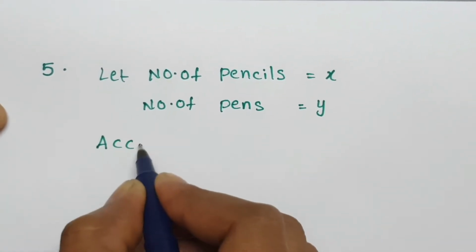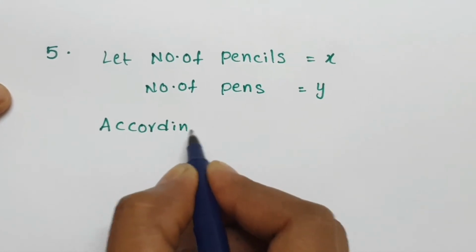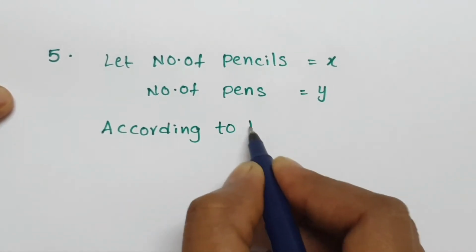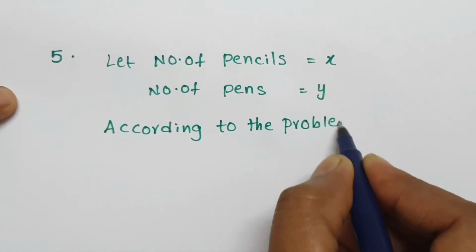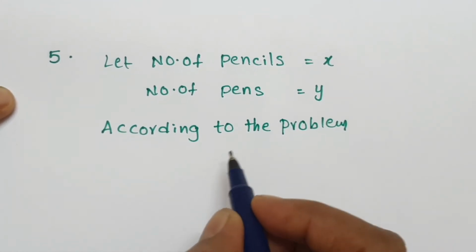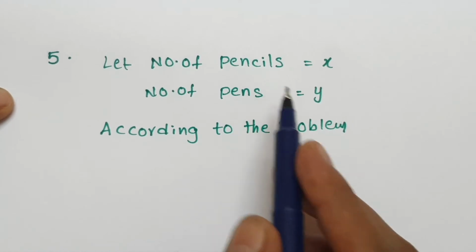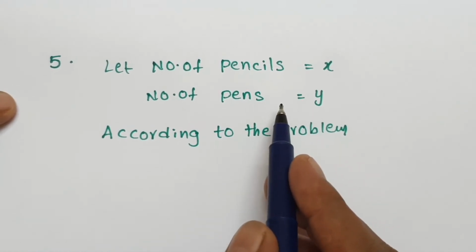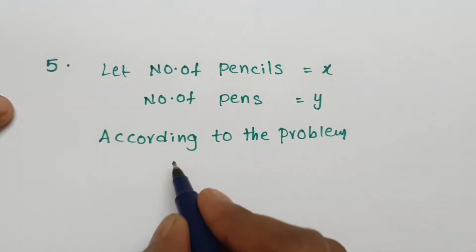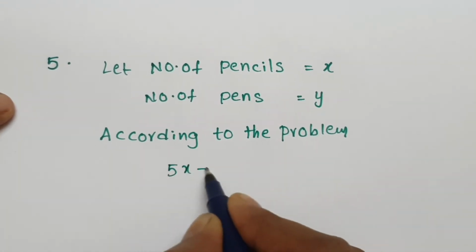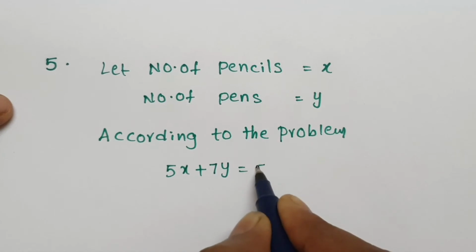According to the problem, they gave that 5 times pencils and 7 times pens is equal to 50 rupees. Means 5x plus 7y equal to 50.